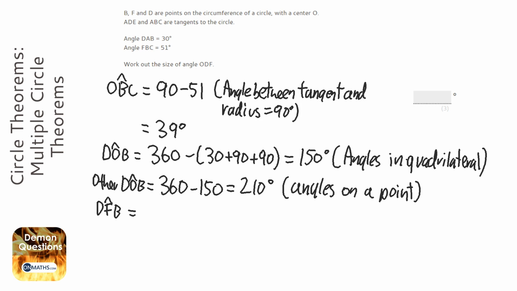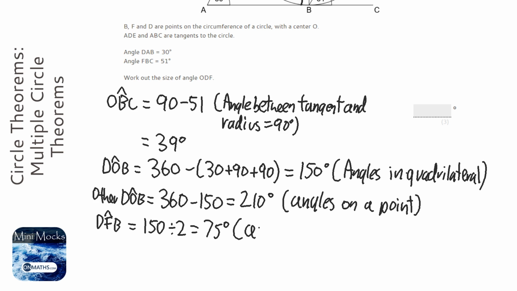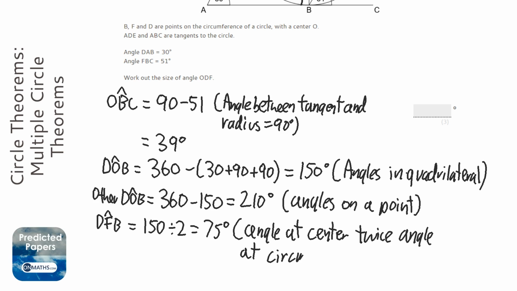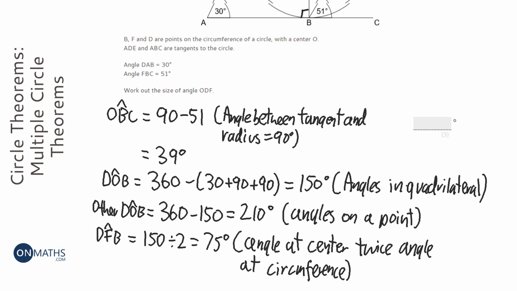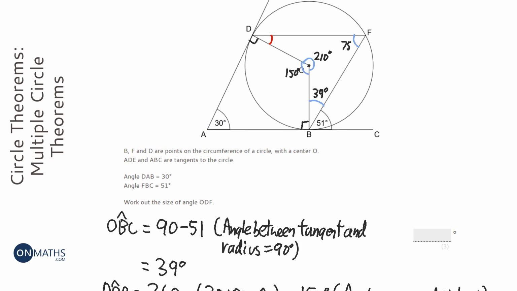So angle at the centre is twice the angle at the circumference, so it's going to be 150 divided by 2, which is 75 degrees. Now if your teacher's given you different ways of writing the circle theorems down, that's absolutely fine. There is no strict way of writing it down. So that's going to be 75 degrees.